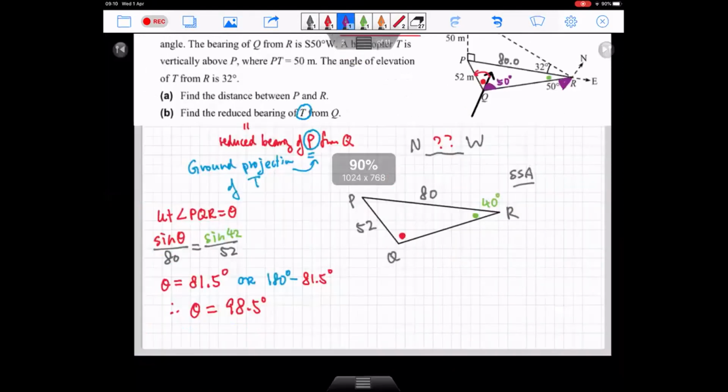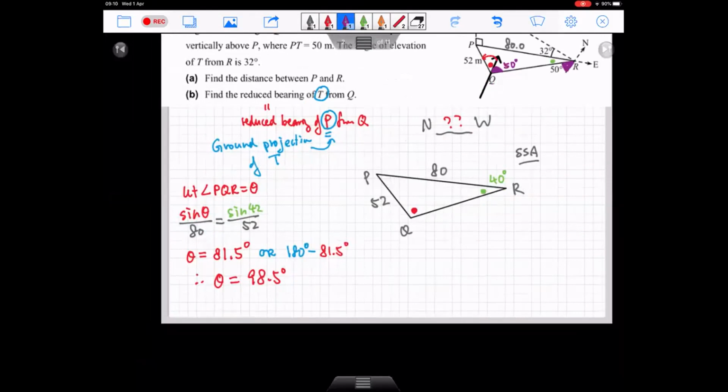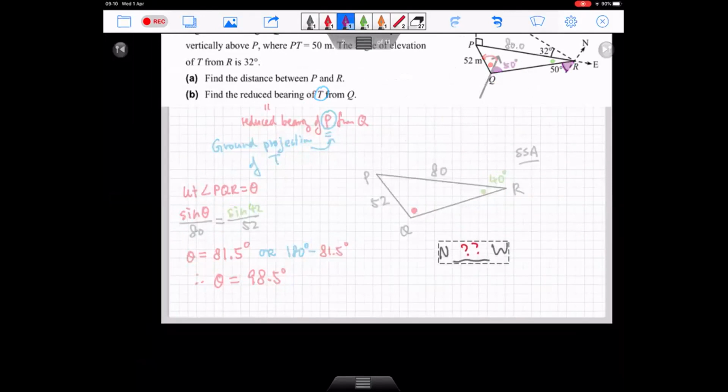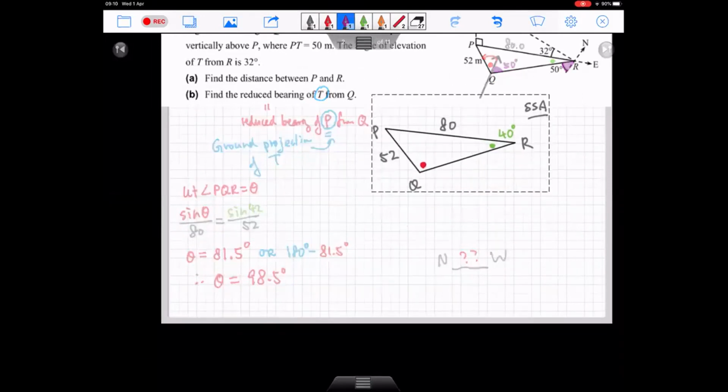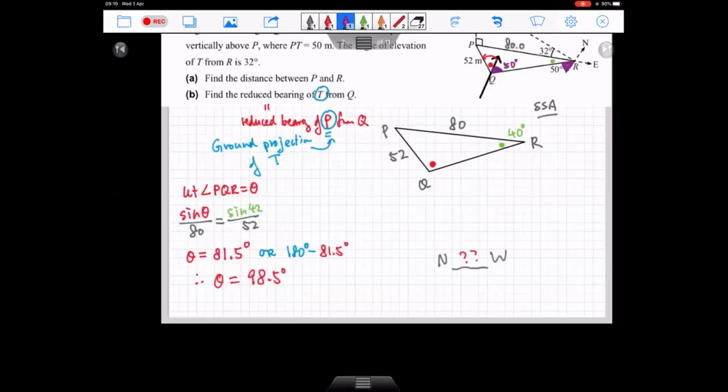All right. So the bearing answer will be 98.5 subtract 50. The answer to this bearing will be 98.5 subtract 50, and that goes to 48.5. This is the answer.